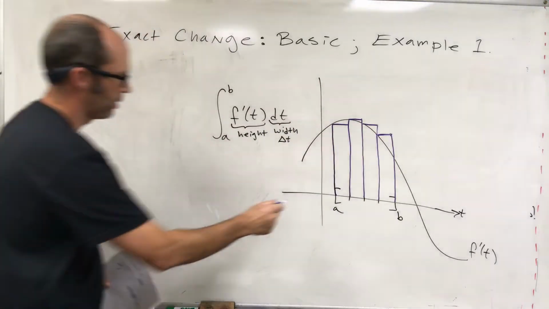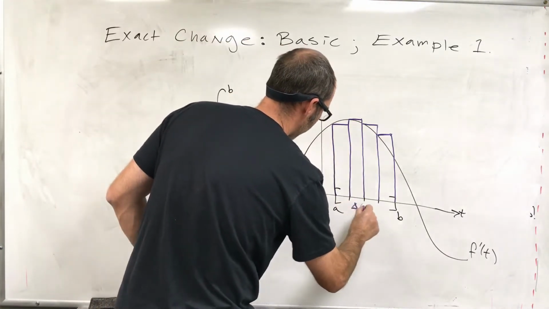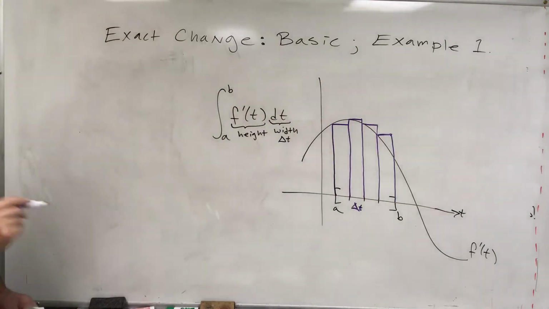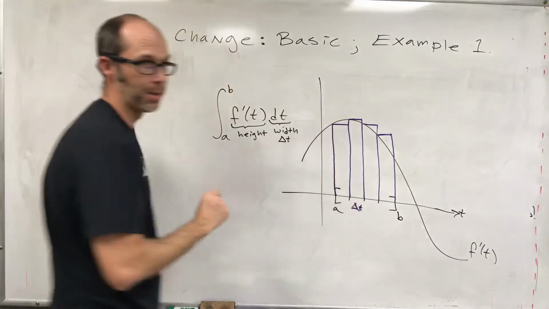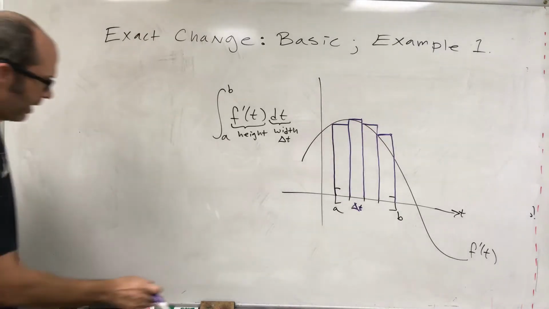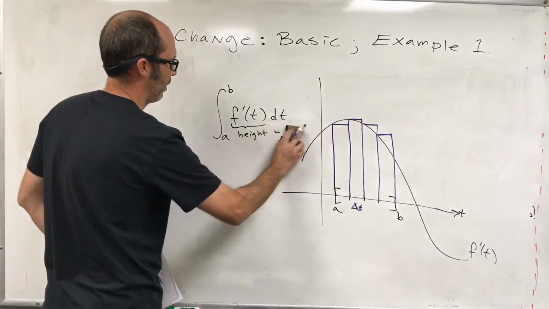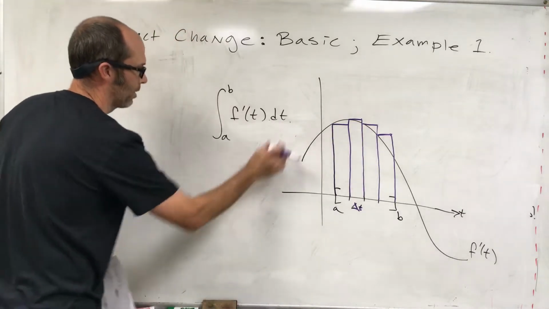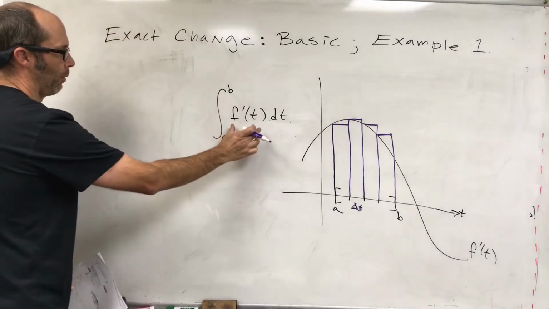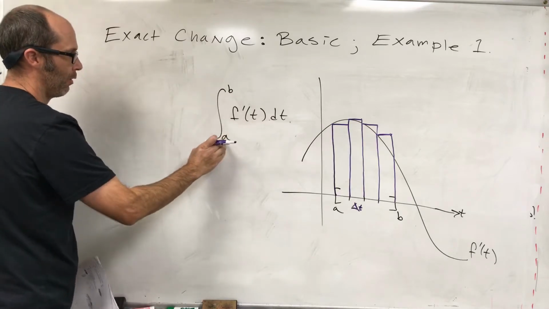Okay, now these are our widths. Our widths are change in t, and our heights are f prime of t, maybe of the left endpoint in this case. Right, so that's kind of the idea. We're summing up rectangles whose widths are dt, and whose heights are f prime of t from A to B.